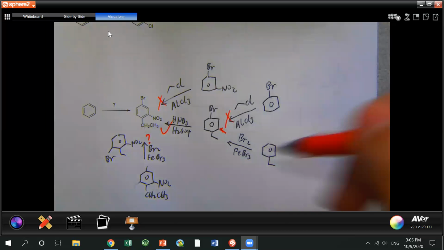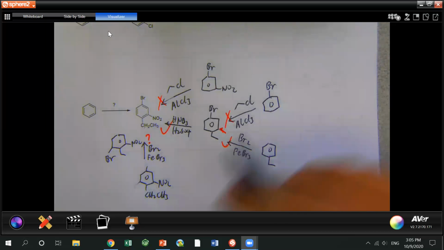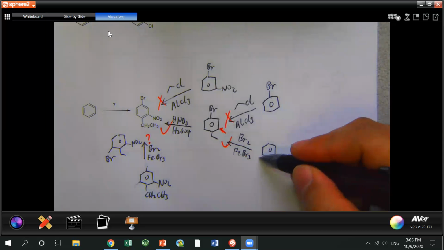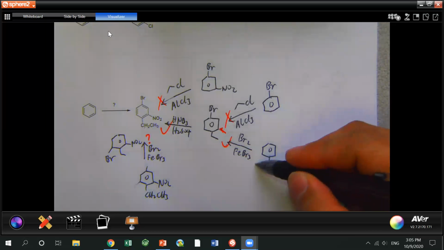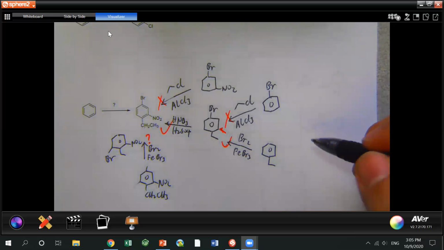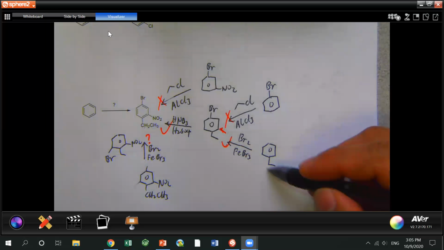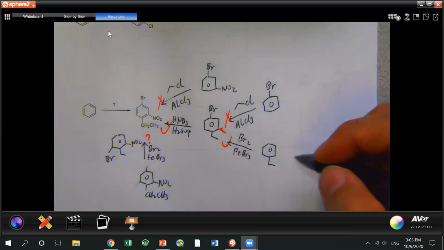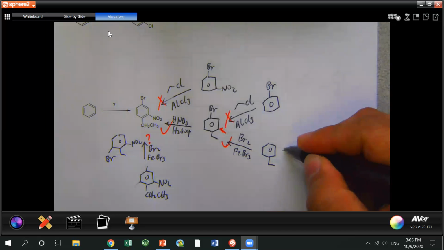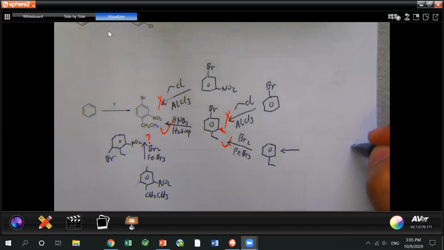The only problem is that the bromine may also go to the ortho positions. Then, how do we put the acyl group on? A better way is to start with the acylation.